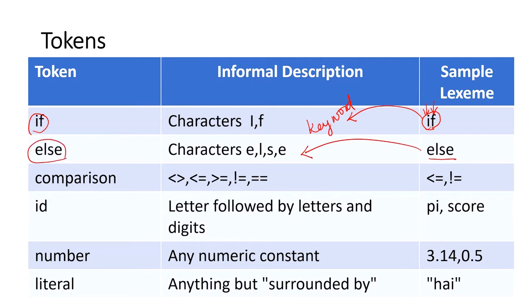If we come across operators like less than or equal to, not equal to, or equal to, these all match with the pattern operator symbols. So this becomes a token. Then identifiers are nothing but the variables the user defines in a program.